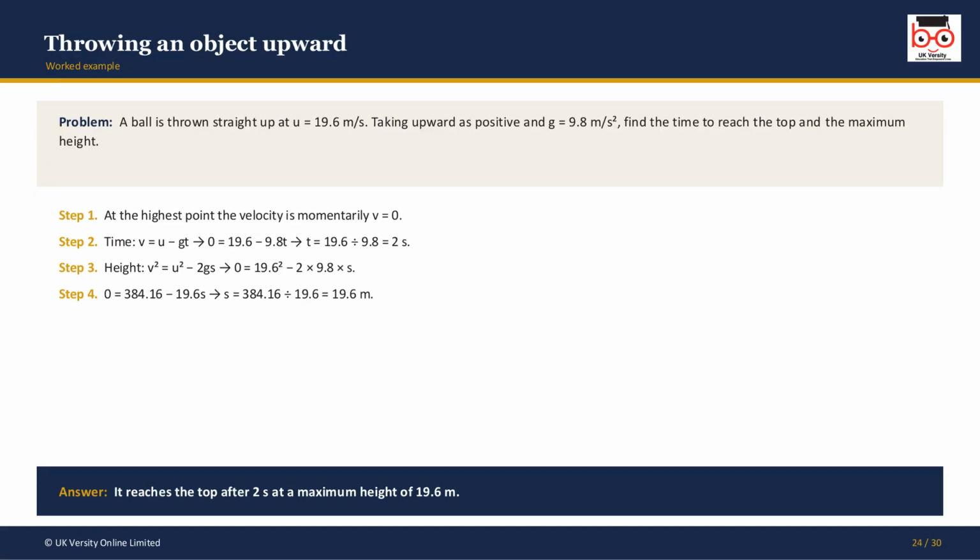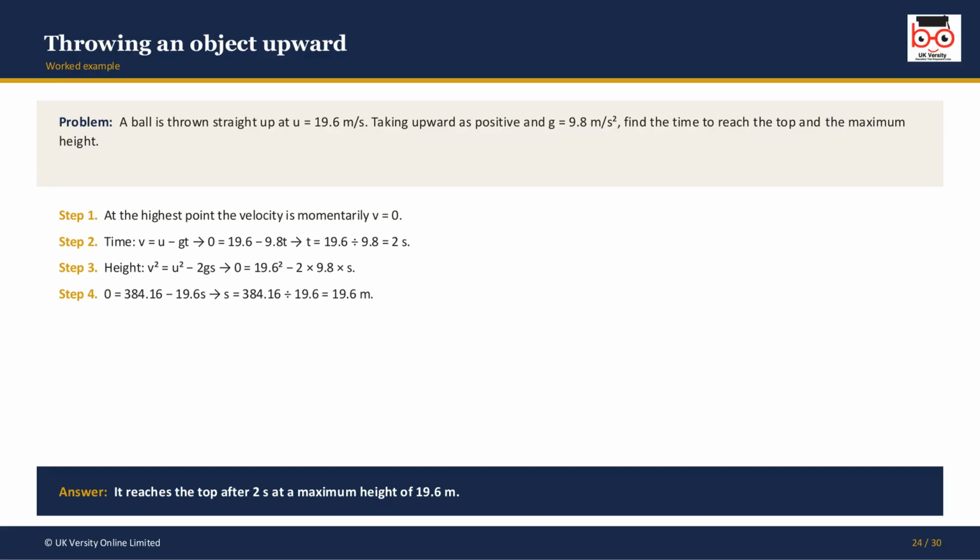Now let's throw a ball straight up at 19.6 meters per second, taking upwards as positive and g as 9.8. The clever step is to notice that at the very top the ball is momentarily at rest, so its velocity there is 0. Using v equals u minus gt, we get 0 equals 19.6 minus 9.8t, so t is 19.6 over 9.8, which is 2 seconds.